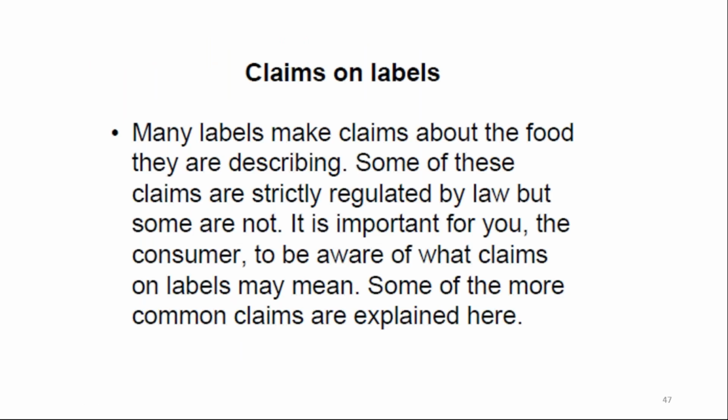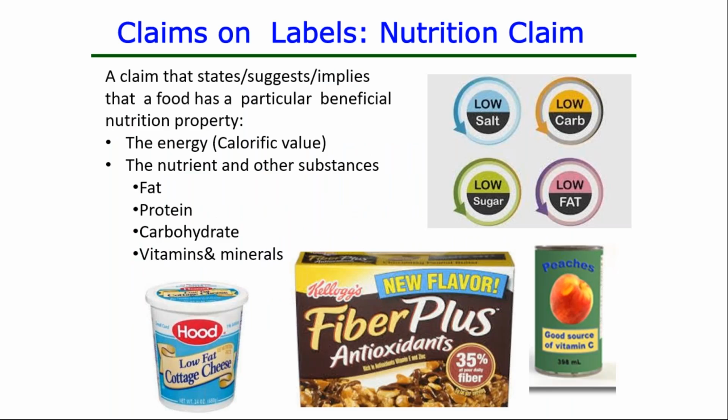Then come the claims on the labels. Many claims are made on the label, but according to law, the claims that are made have to be true, and they can be of three types. The first one is the nutrition claim.